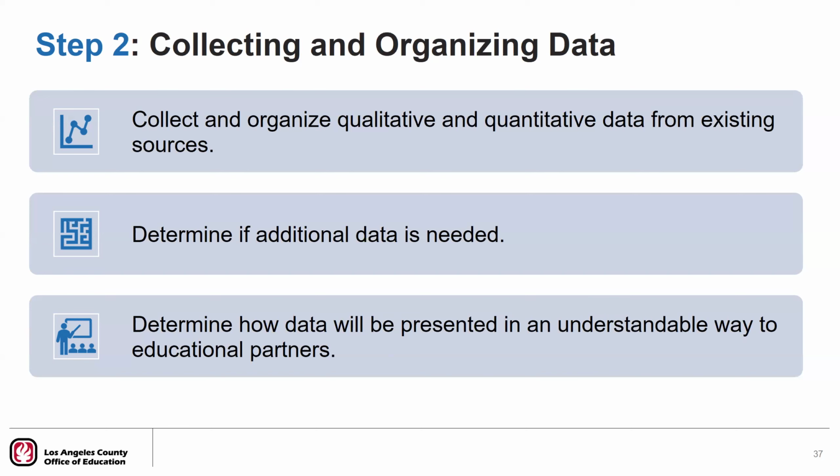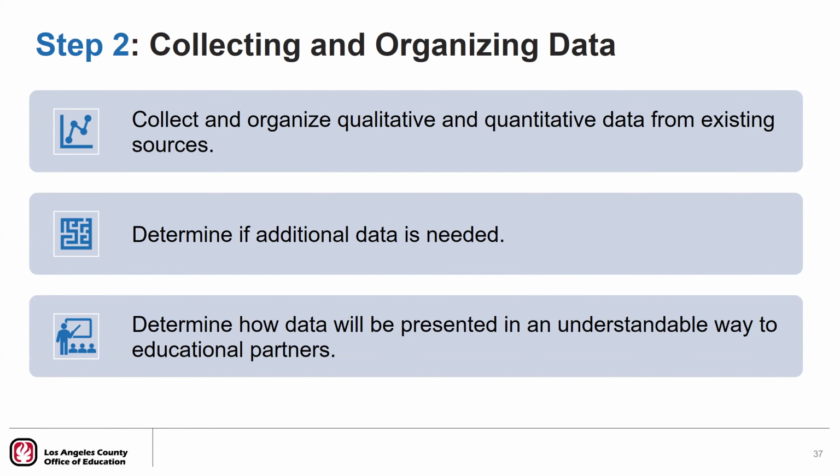And schools may also include additional data used to measure student outcomes. So this step involves collecting various forms of data and organizing it in a way that is understandable and useful for the educational partners who will be involved in this process.